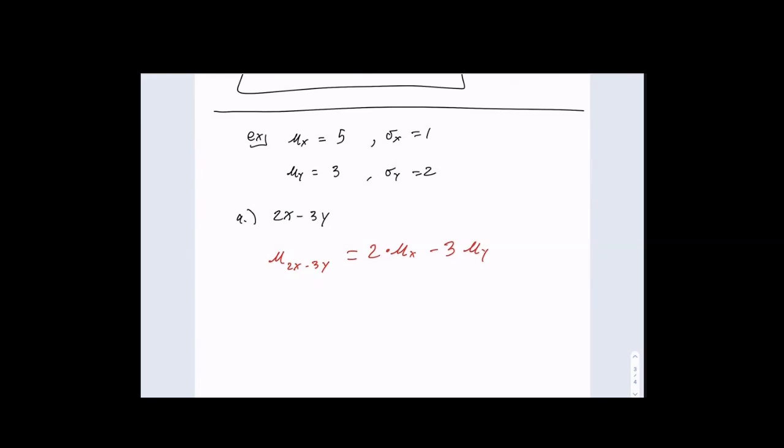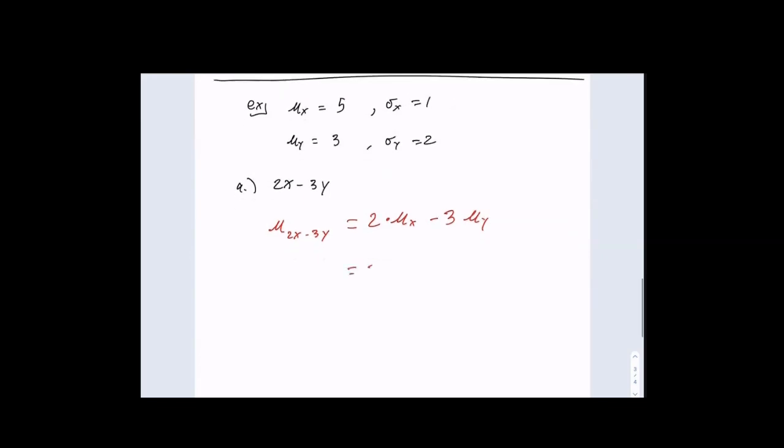How much would you expect to have in the end? What would be the mean? And they'll also ask you for the standard deviation. And so when I do this, I get 2 times 5 minus 3 times 3, which is 10 minus 9, which would be 1. Units if given.